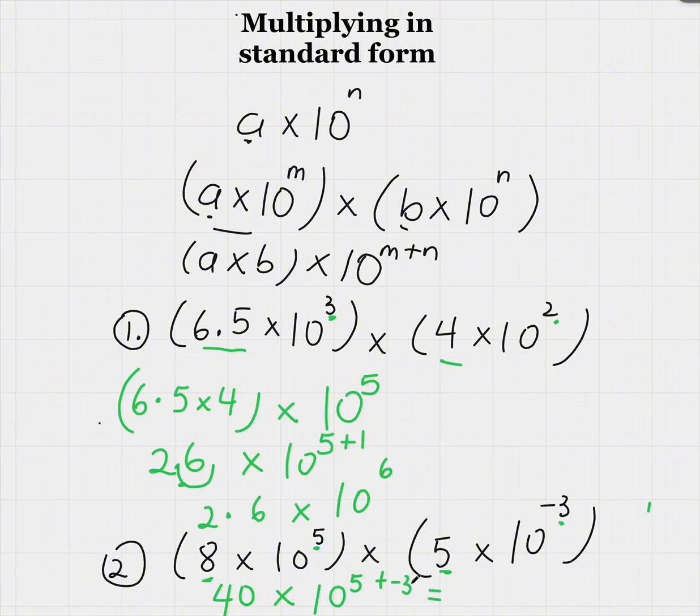Remember, positive and negative, 5 plus minus 3 is the same as 5 minus 3. So we get 40 times 10 to the 5 minus 3, because positive and negative gives you negative. And that would end up giving us 40 times 10 raised to the power 2.